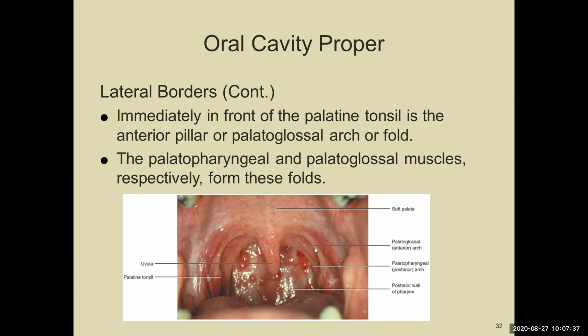Because this is the anterior pillar here and the posterior pillar, so we should see something right here. Kids, when they say, ah, you're going to see these two big golf balls. They look like walnuts sticking in their throat. As we age, they atrophy, they shrink, and they get smaller most of the time, or they've had them removed.